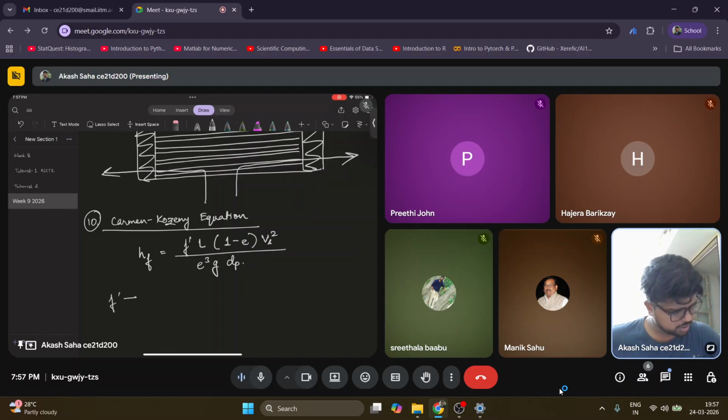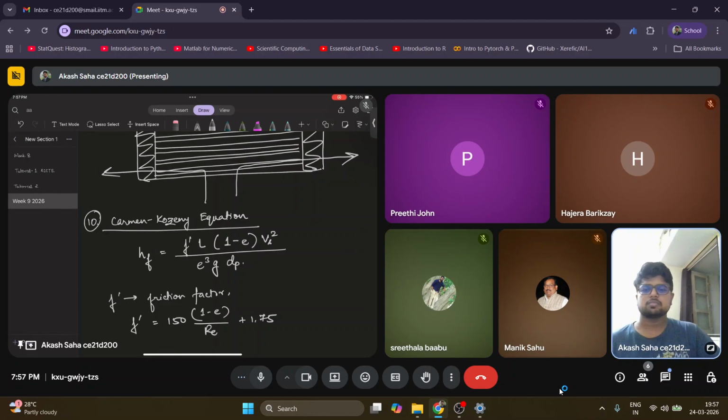F here is called the friction factor, and this friction factor F is equal to 150 into 1 minus E by RE plus 1.75. Simple calculation. L is the filter depth.